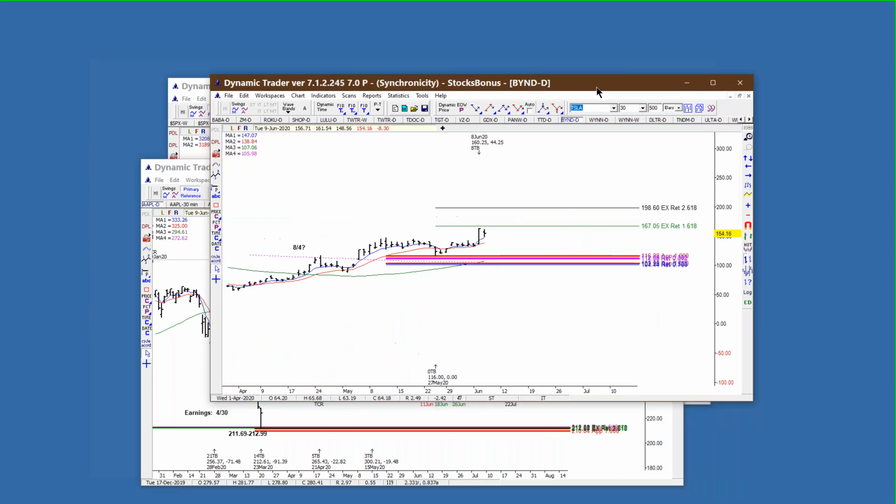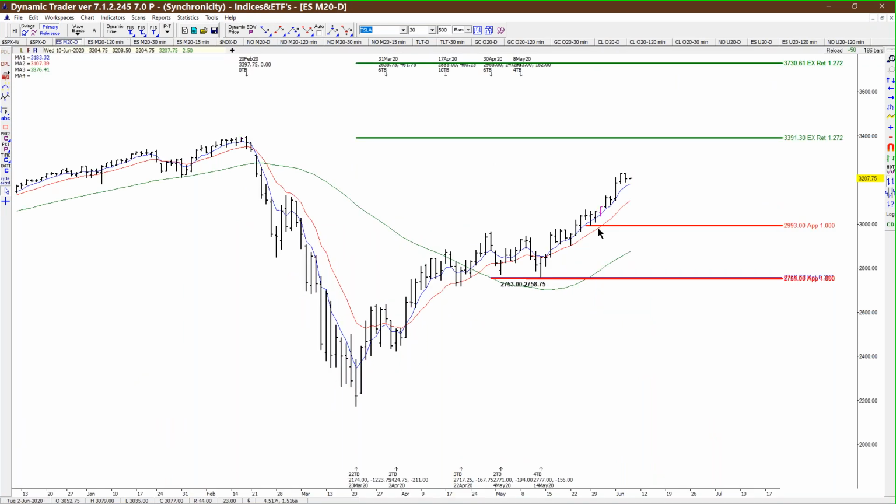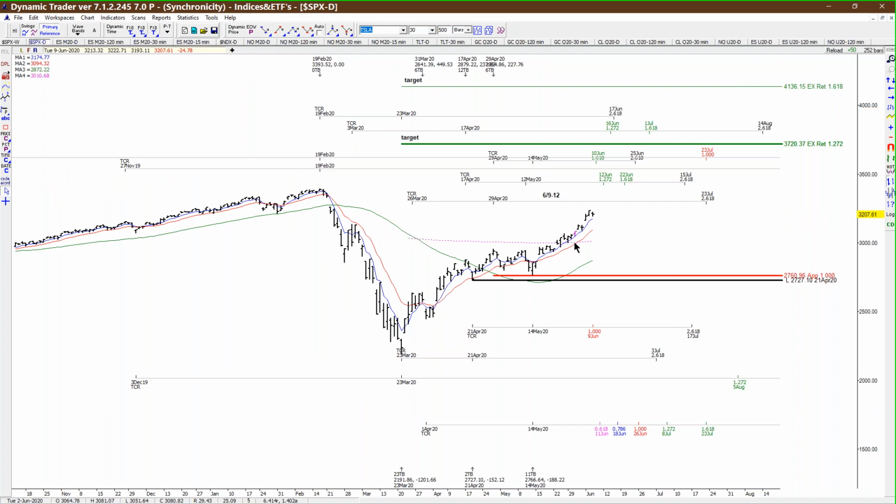I may have time resistance and even price resistance, but as long as this is still a bullish chart, and you can see it here, we're above the 200, above the 50, and the 5 and 13 are still in a buy mode, I am still going to be buying pullbacks. Maybe shorter term pullbacks, maybe deeper pullbacks, until this changes.